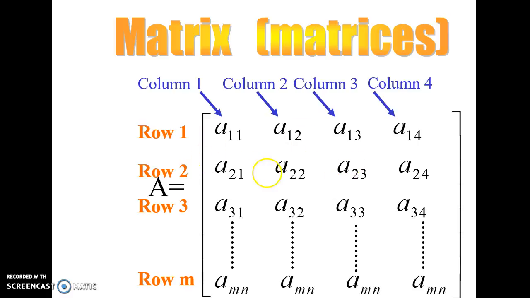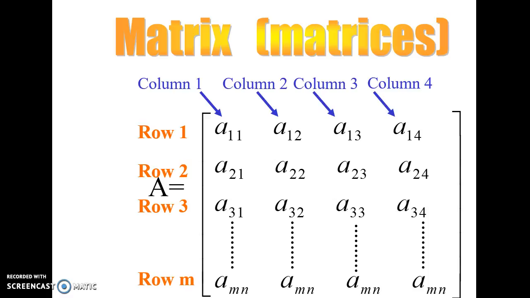If we skip down here to A23, that'd be matrix A, second row, third column. A34, matrix A, third row, fourth column. Notice how I'm always saying rows, then columns. That's a general rule of thumb with matrices. No matter what you're doing, you always go rows, then columns.